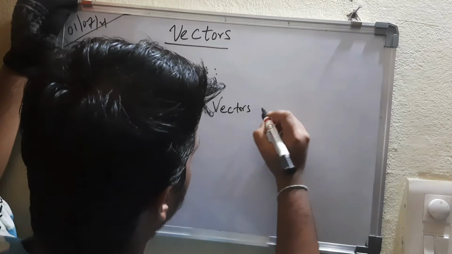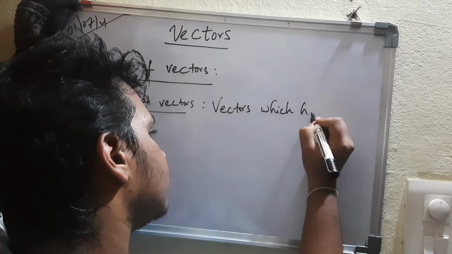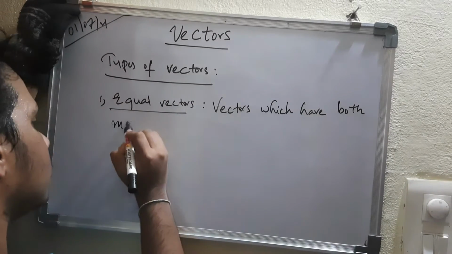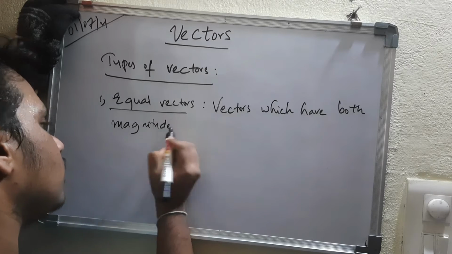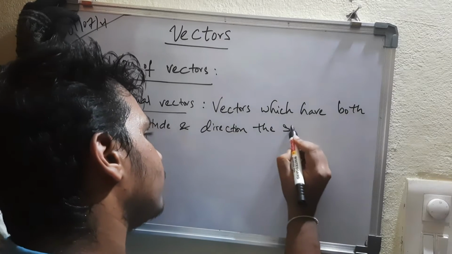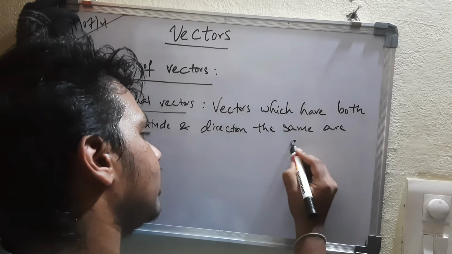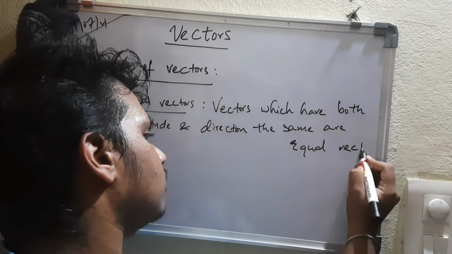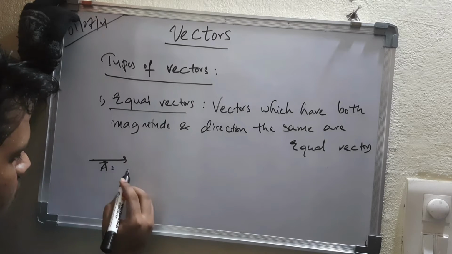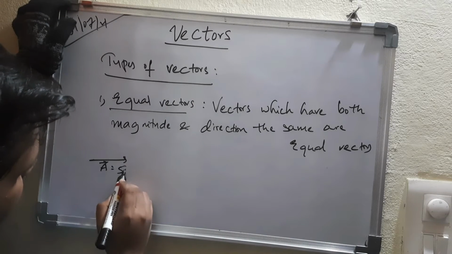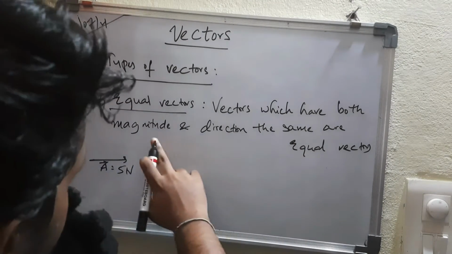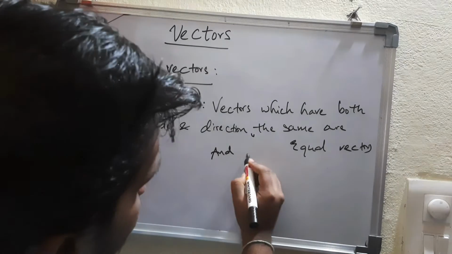Vectors which have both magnitude and direction the same are called equal vectors, because this is a vector of 5 Newton, same direction, same magnitude and same units.